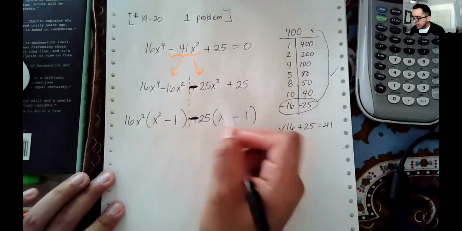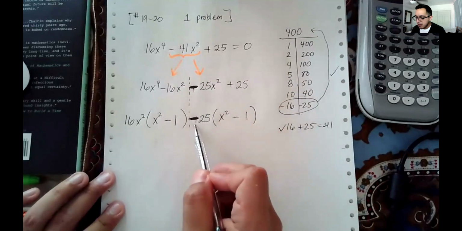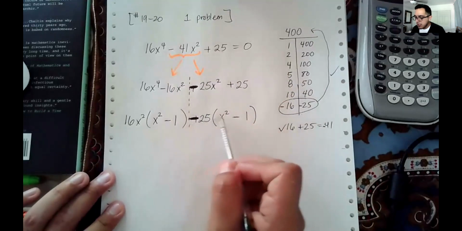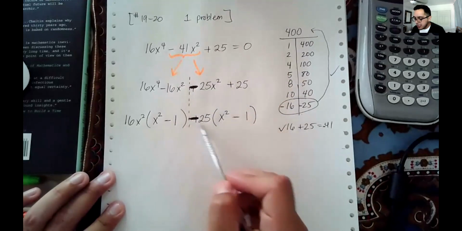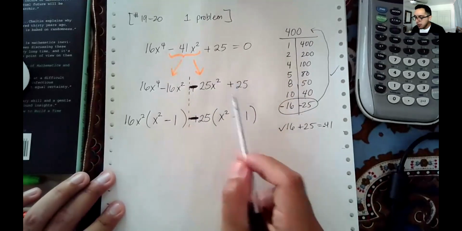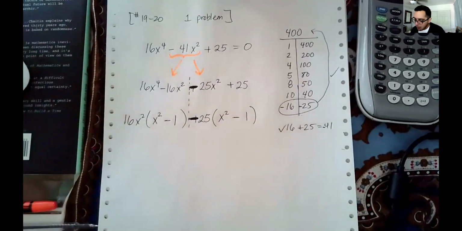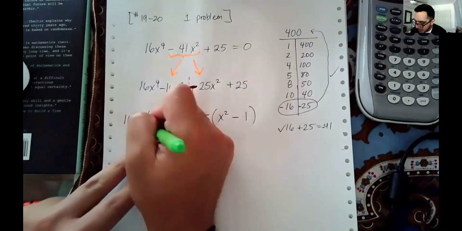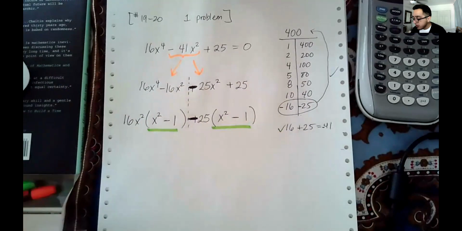So both of these had a 25 in common, but since the first term was negative, we had to make that negative. So negative 25 times x squared is negative 25x squared. And negative 25 times negative 1 gives you the positive 25 back. If I hadn't made that mistake, I wouldn't have gotten the same thing in the parentheses. But because we have the same stuff in parentheses here, that means we're on the right track.